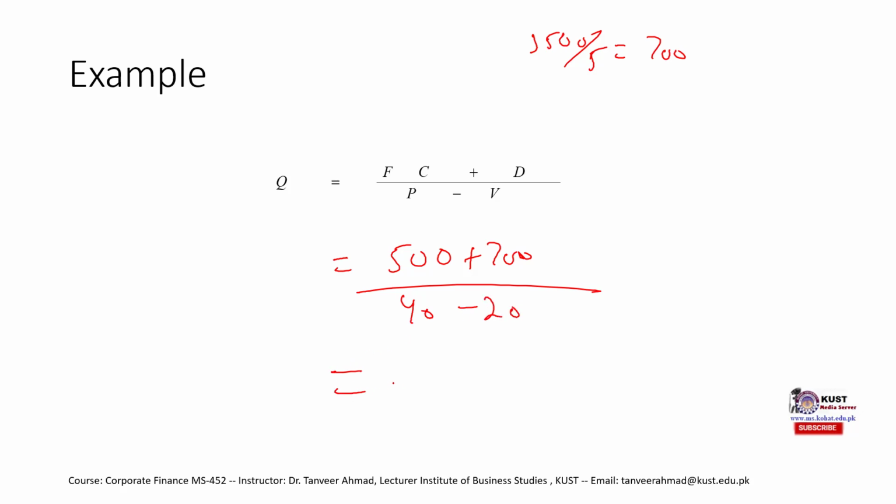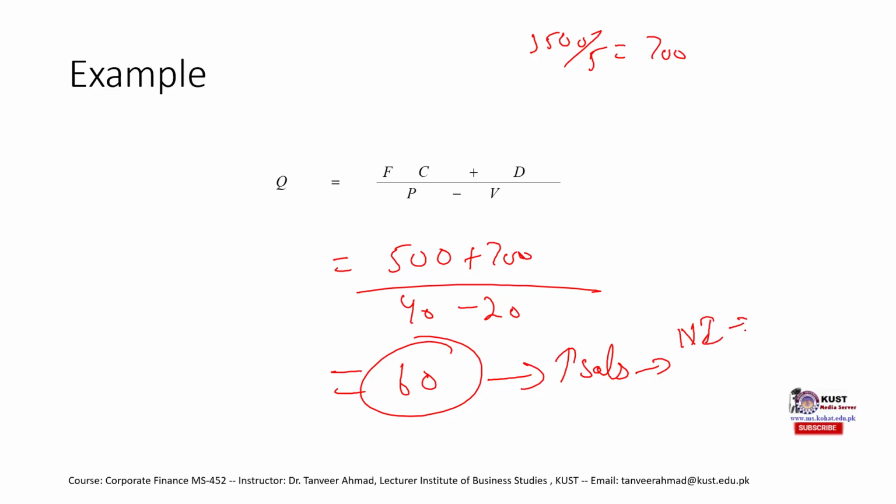So the answer is 60. What this 60 means is that if we have sales of 60 units, then our net income would become 0. So if the company estimates that they can at least sell 60 units, then according to accounting break-even analysis, they should go for that project.